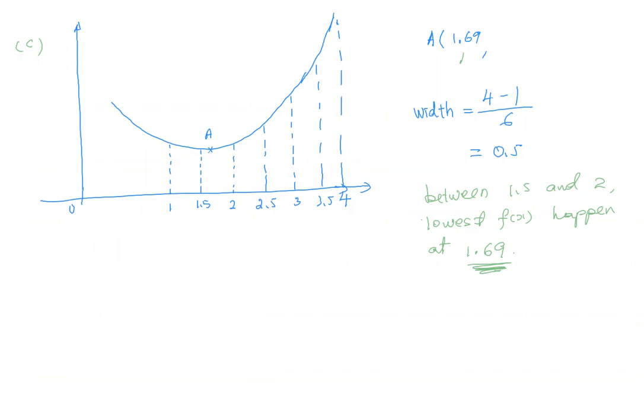So when I draw all the lower rectangles, the first lower rectangle is here. I use red. In the exam, please don't use red. My diagram may not be accurate. For the second lower rectangle, I take the point A. Third lower rectangle, I take 2.